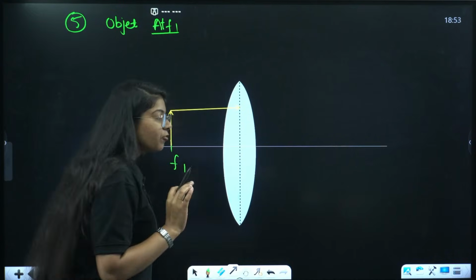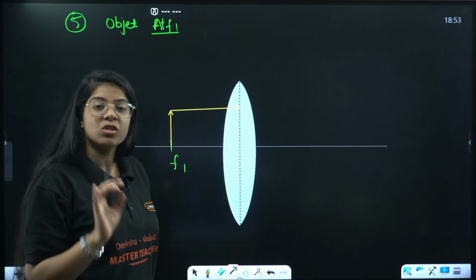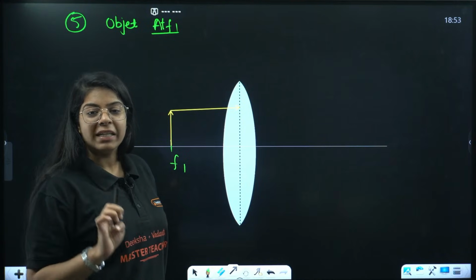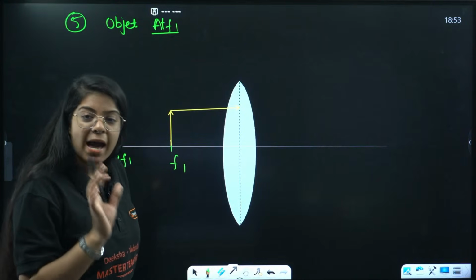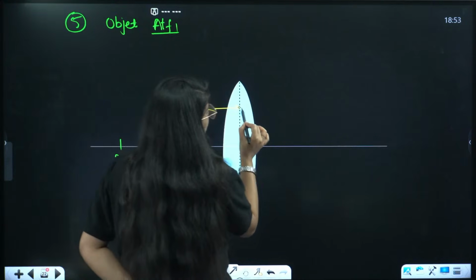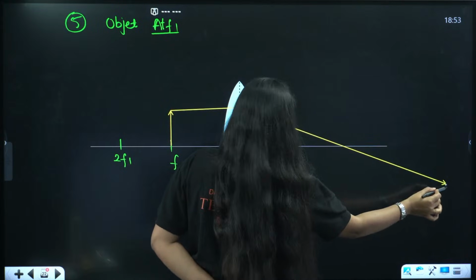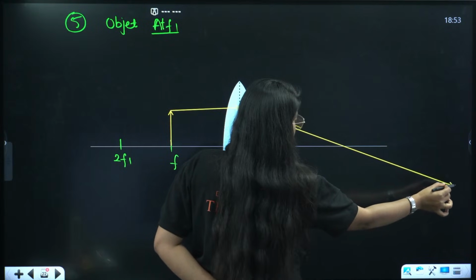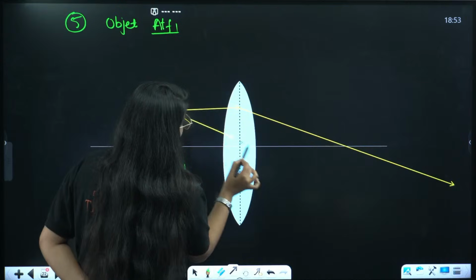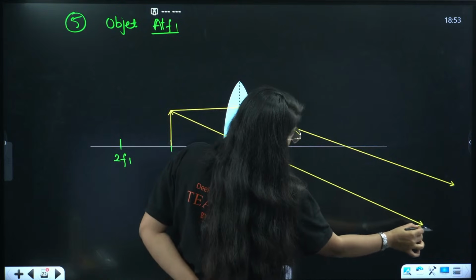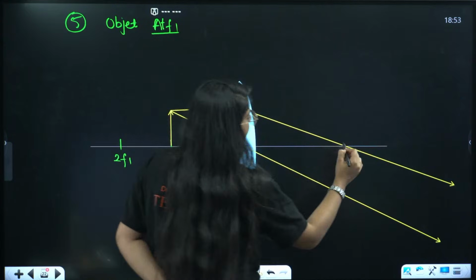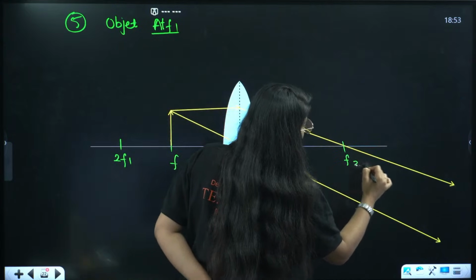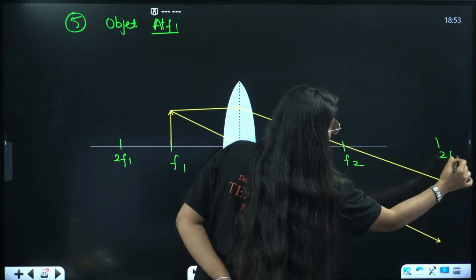And it will pass through the focus. Now you have to make these two rays in such a manner that they don't meet each other. Okay? That they are parallel to each other. Done? So make them something like this, so that they don't meet. Okay? See, now they are somewhat parallel to each other, right? And this is my f2, and somewhere here we'll have 2f2.